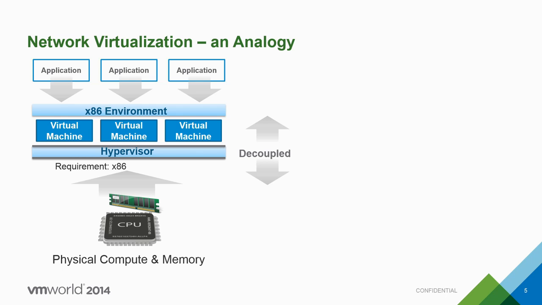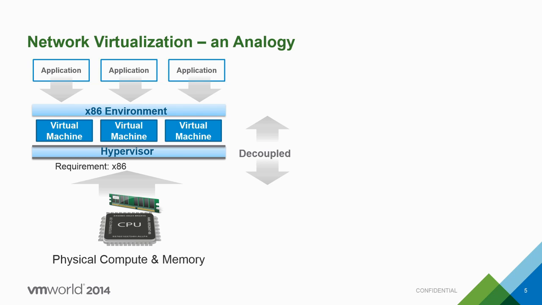Now, network virtualization is best understood as it relates to server virtualization by way of analogy. When you virtualize a server, you start off with some basic underlying hardware, and that hardware has fairly generic properties: an x86 instruction set, some memory, some I/O.